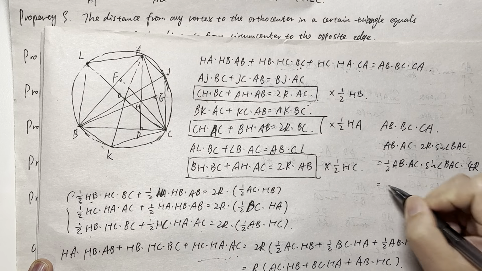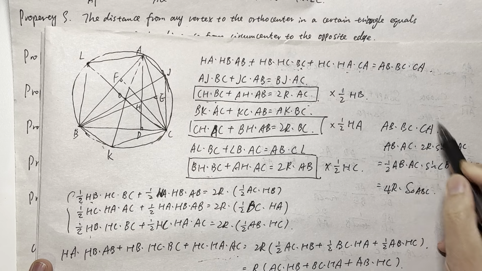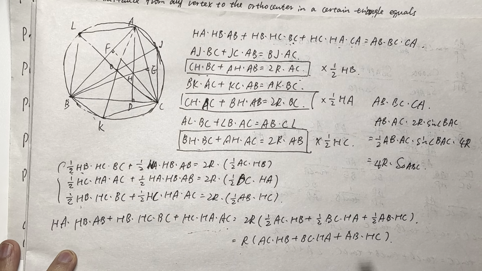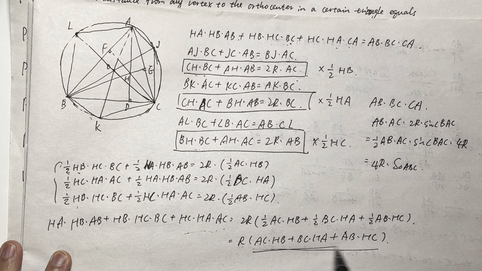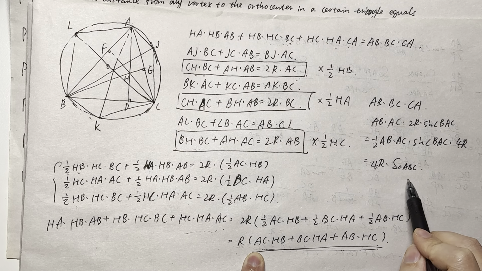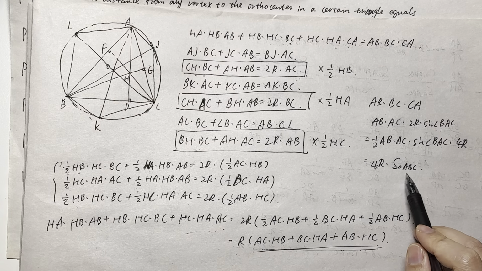So that equals 4R times the triangle area of ABC. That's the product of AB, BC, CA. And how about this side? Can we prove that this one is 4 times the triangle area of ABC?